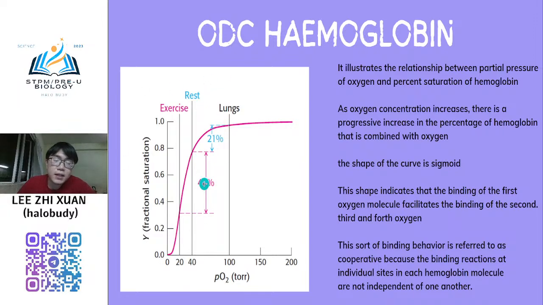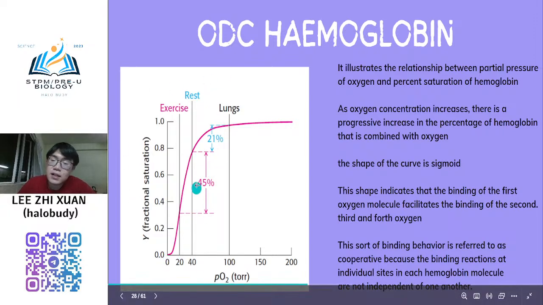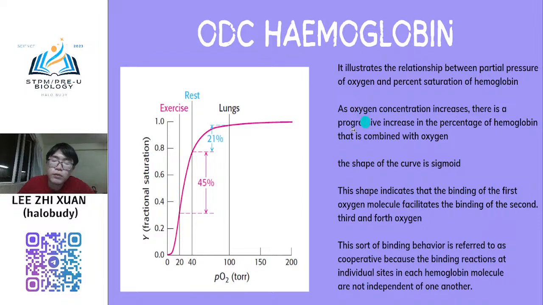So what does it mean? If you see this curve, when the oxygen concentration is increasing, the percentage of saturation slightly increases, or we call it a progressive increase.